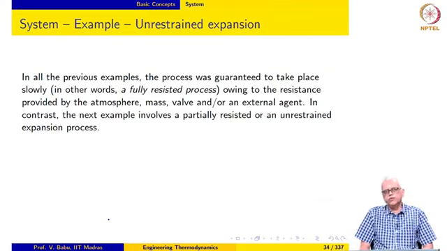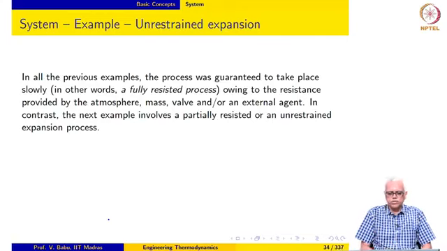In contrast, what we are going to look at next is an example which involves a partially resisted or an unrestrained expansion process. This kind of process also occurs in real life applications. So, we should see if we can handle a situation like this, where the process is partially or fully unresisted.